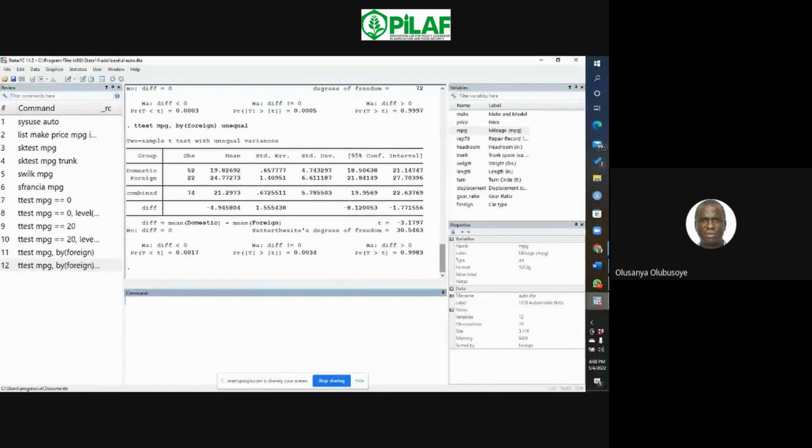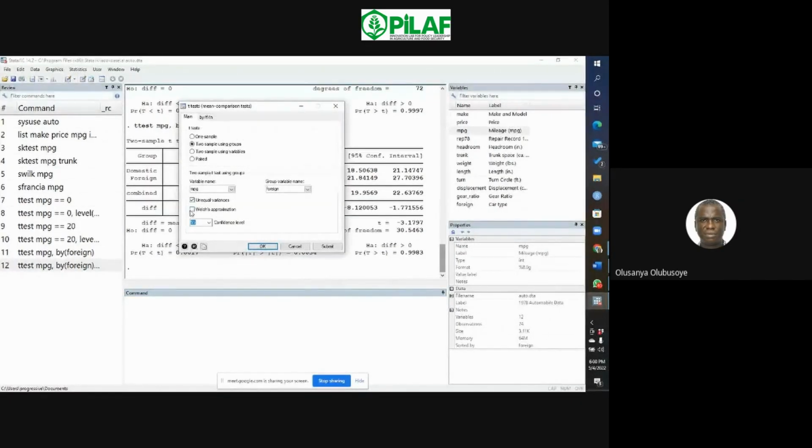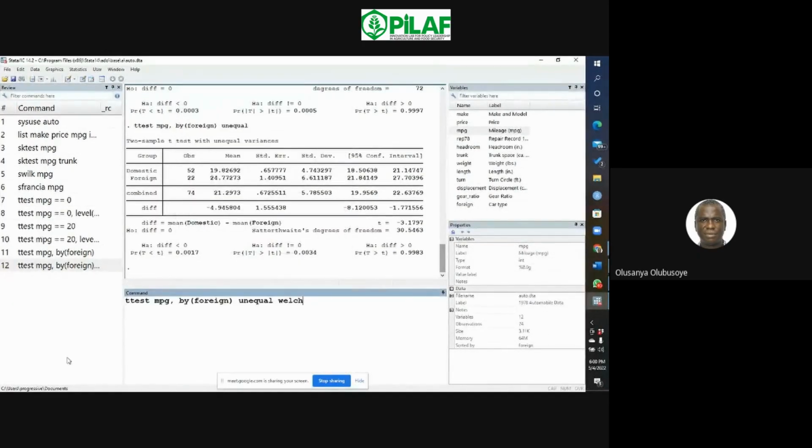So let's go back again. Now if we use another option, that's the Welch approximation. That is an option you also use for unequal variances. You can try all of this to properly establish the result. You will see that even with the Welch approximation, the result has not changed.